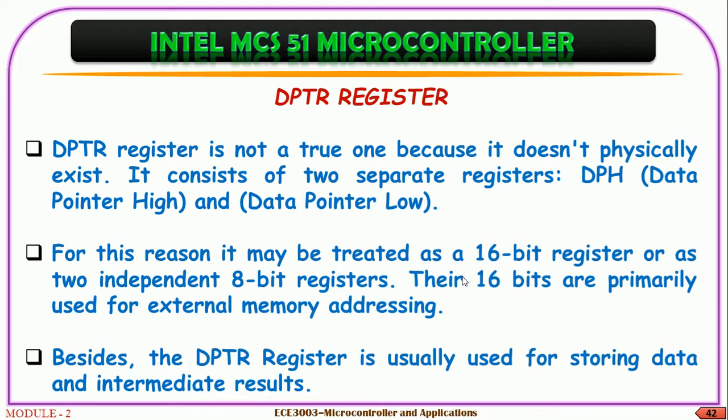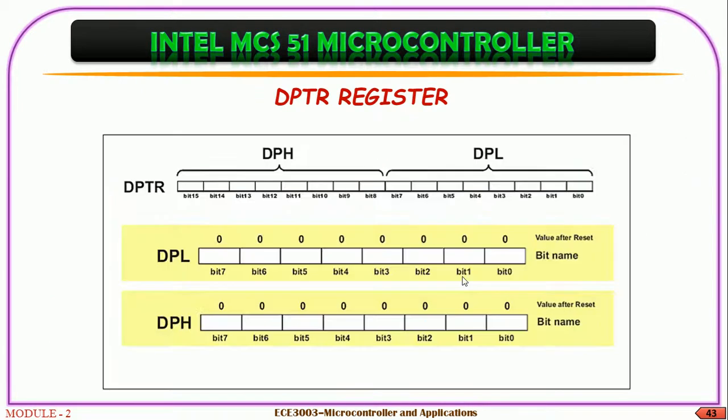The DPTR register is usually used for storing data and intermediate results. So this is the structure of DPTR, DPH and DPL. DPL represents bit numbers 0 to 7 and DPH bit numbers 8 to 15.